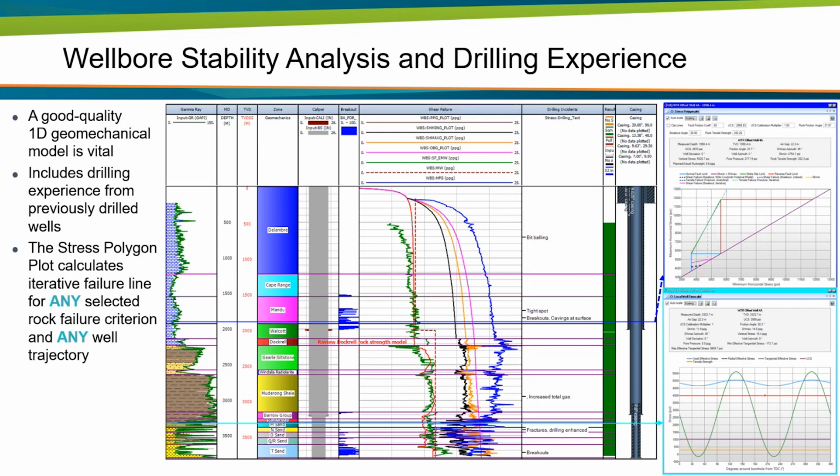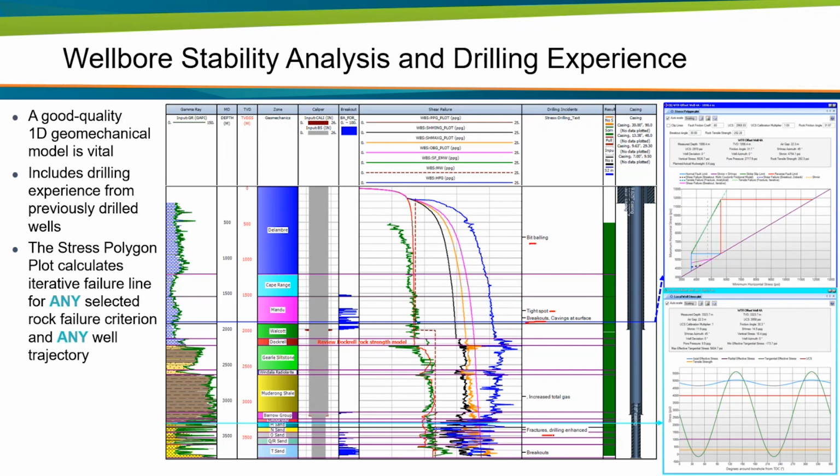So this is an example of a well which is drilled, and some things have happened in this well, which you can define in the well header and save as a text curve. So some bit balling has happened here, tight spots at this depth, breakouts over here, and down here, drilling enhanced fractures have happened.